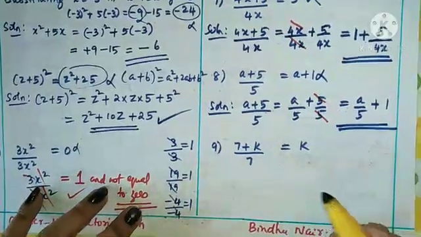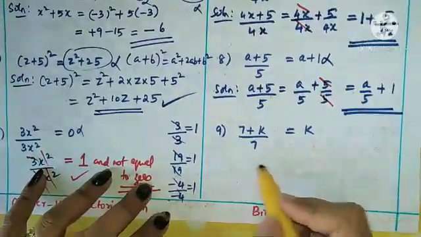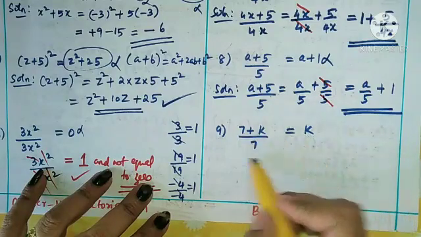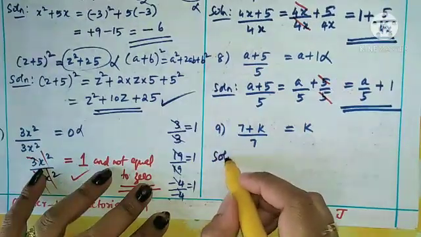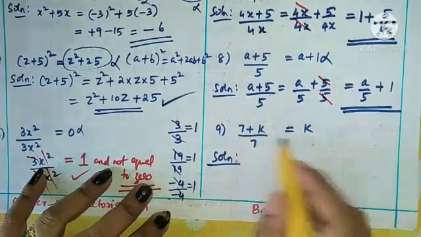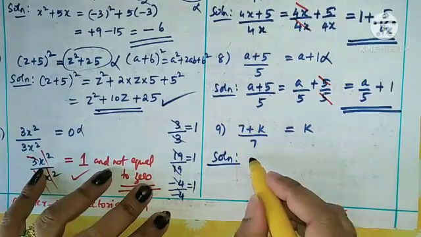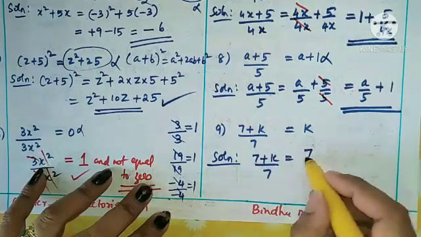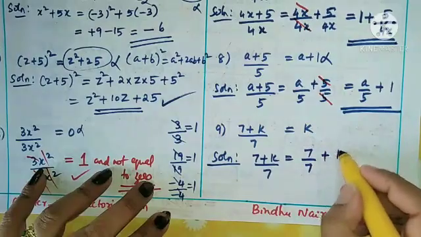Now come to the last question of today. (7 + k) by 7 is equal to k. So here also, very important, you cannot cancel this 7 and 7. So split the numerator. It becomes (7 + k) by 7 equal to 7 by 7 plus k by 7.